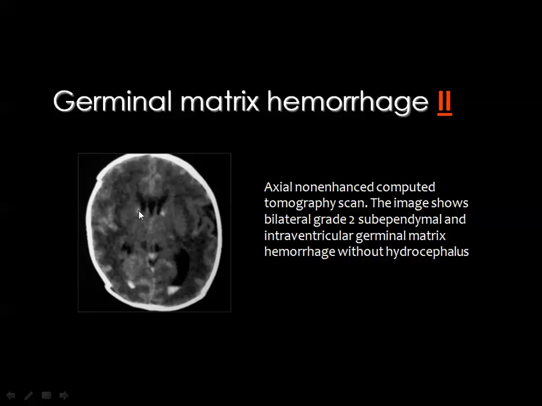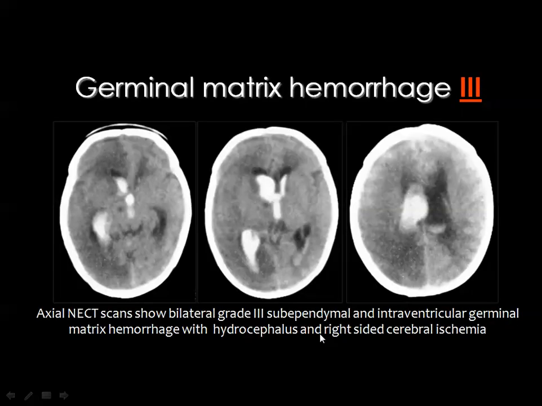of the head of the caudate nucleus bilaterally, with extension of the hemorrhage within the ventricles, which are more or less not dilated, indicating that this is stage 1, stage 2 germinal matrix hemorrhage.